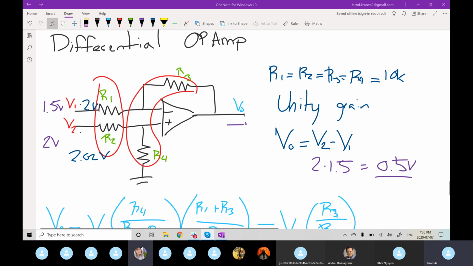Yeah. So basically what an op amp does is just step up or step down voltage. Did I get that right? Yeah, basically, it amplifies.